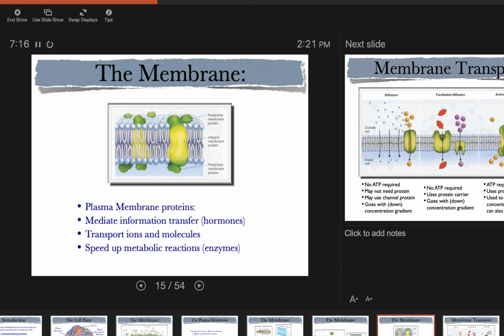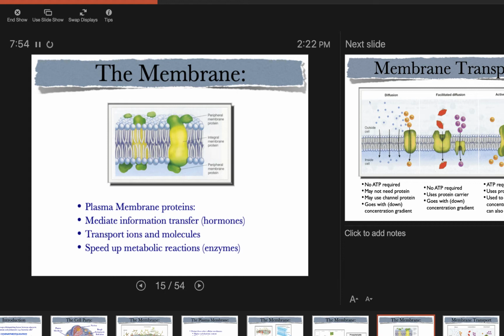So the receptor has started a signal, and that signal basically goes inside the cell. And it causes this to happen in the cell.